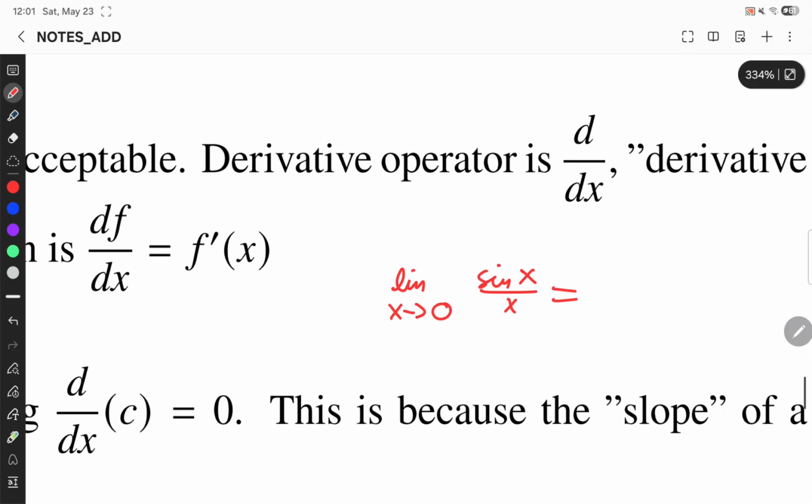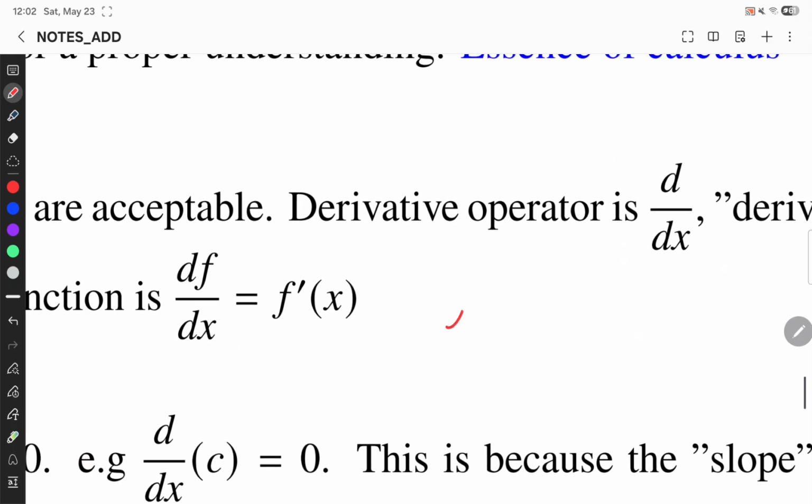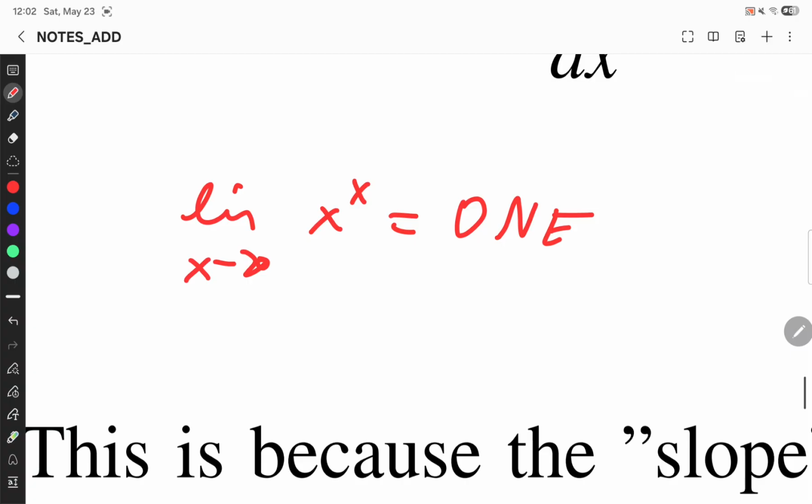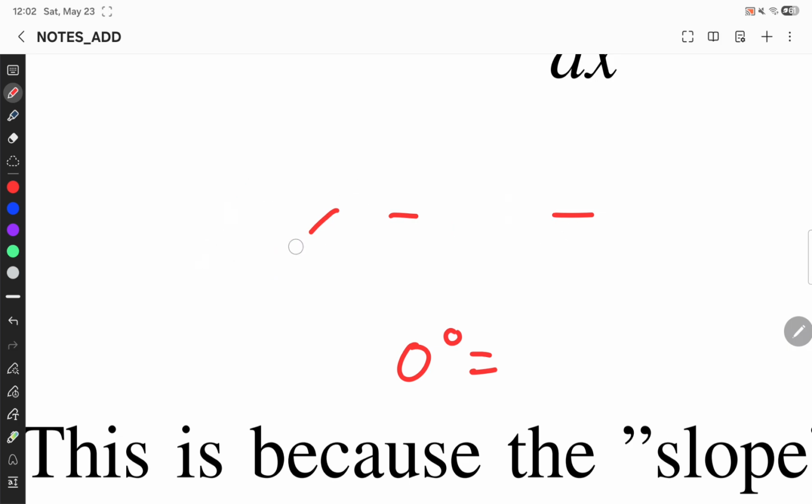So that means if this works out, this limit exists. There may be other cases like the limit as x approaches 0 of x to the x. This does not exist because it approaches 0 to the 0, which is not agreed upon. Okay, this is the example.